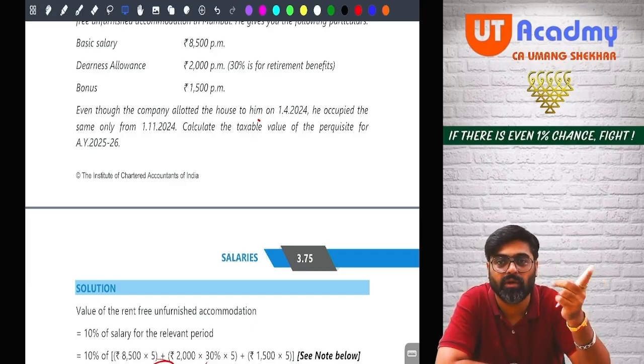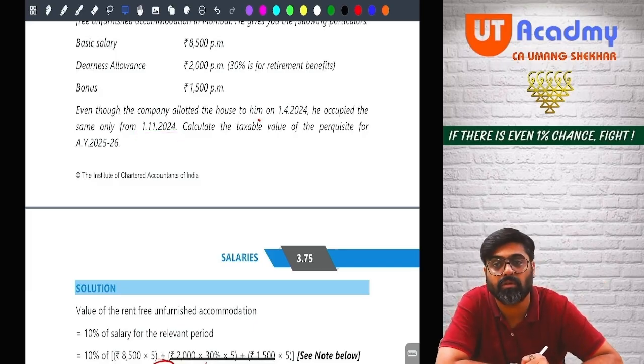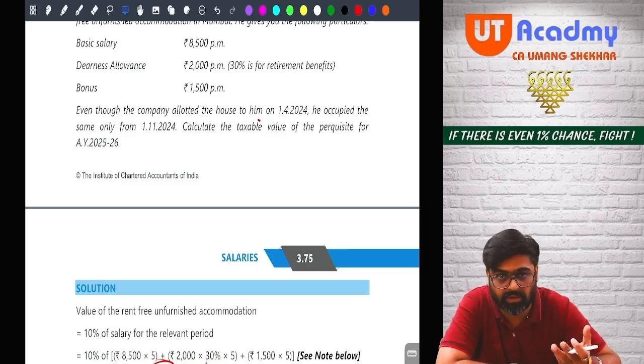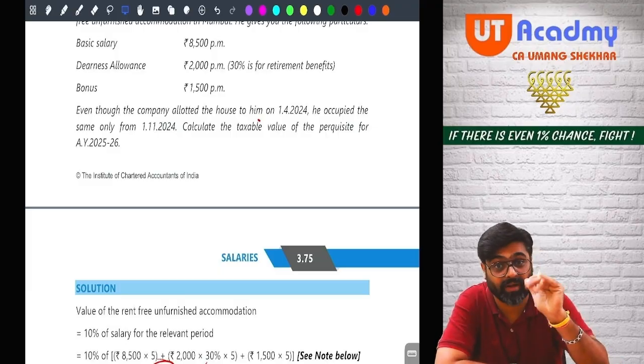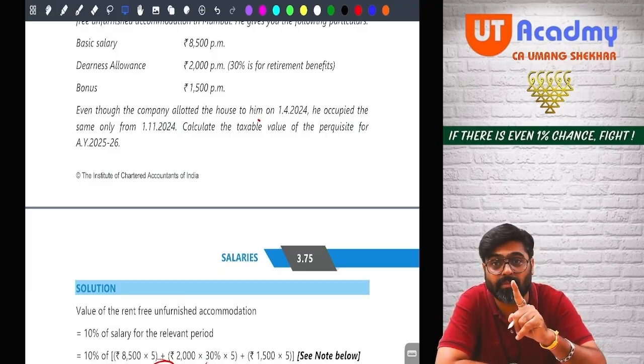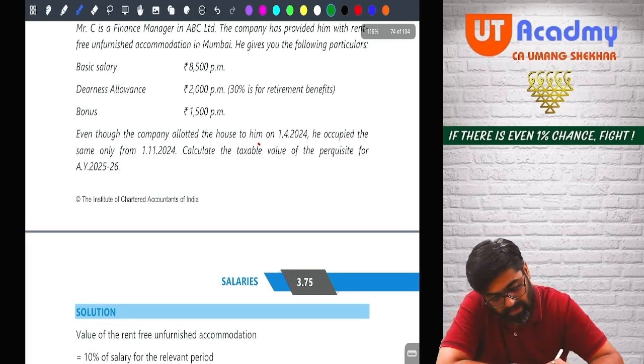Yes or no? So it was occupied from 1st November till 31st March. How many months? 5 months, no? 5 months the accommodation is occupied. So whatever salary will become due for these 5 months, starting from November to March, that salary I have to take, except 5 things if you remember. Yes or no? Now pay attention. What are they telling you?